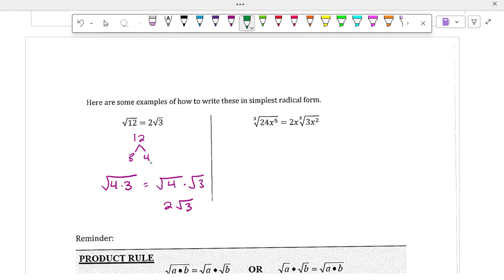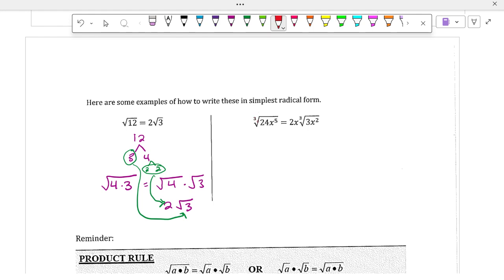You could also break down the 4 a step further to be 2 and 2, which if you notice, there's our perfect square, and then the 3 is what was left over. Either way works.